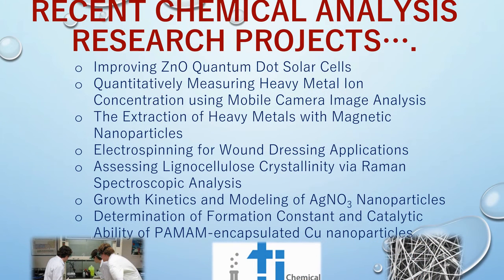Here are a couple of quick examples of some common chemical analysis research projects, if it helps to have a little bit of foresight for what kinds of things you could do in the chemistry lab. Many examples build upon interest in nanotechnology and its applications.